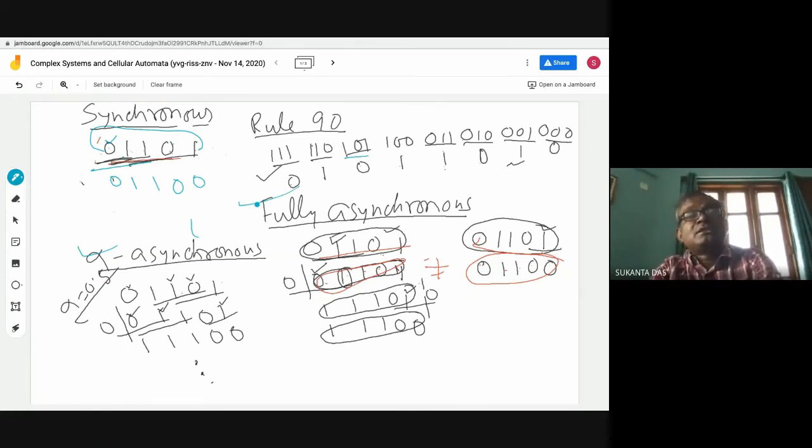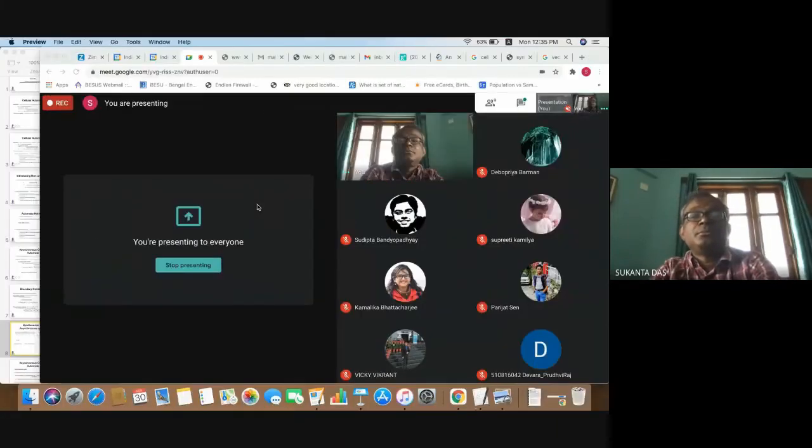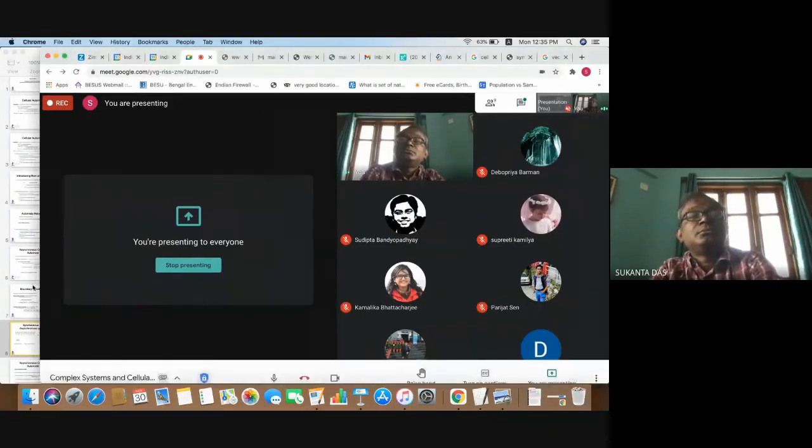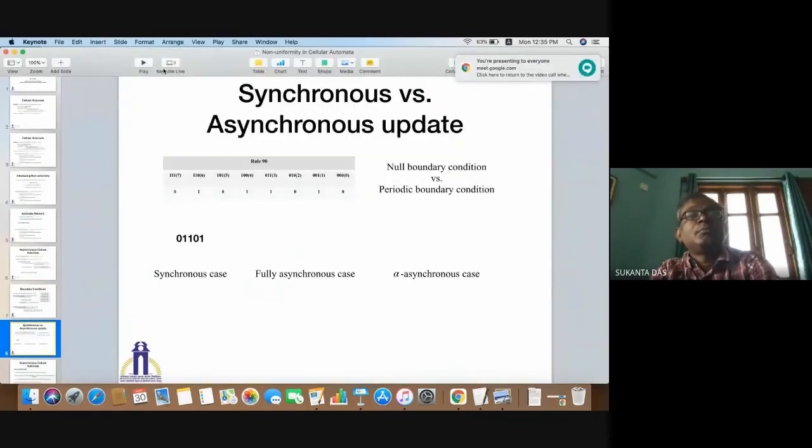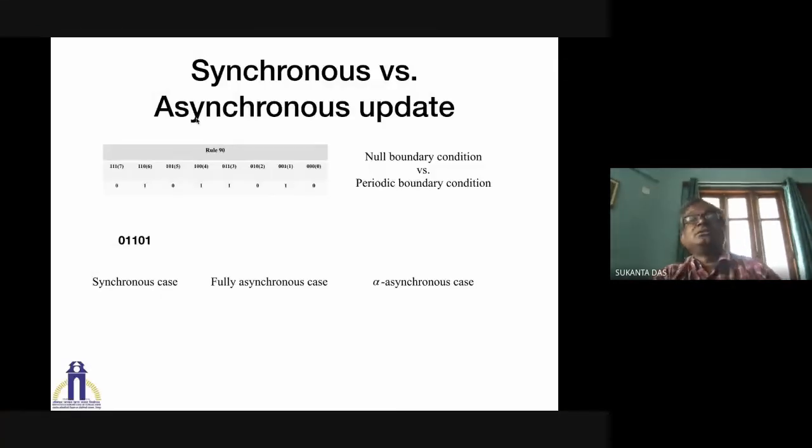Okay, so this is about fully asynchronous update and alpha-asynchronous update. We have seen the difference and the meaning of fully asynchronous update and alpha-asynchronous update, and their role, and the role of boundary conditions during the evolution.